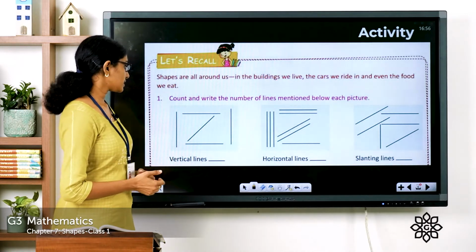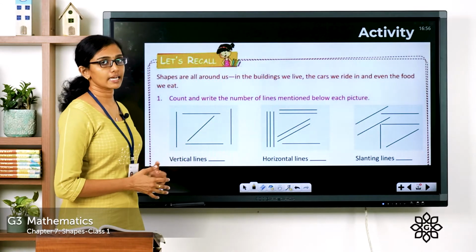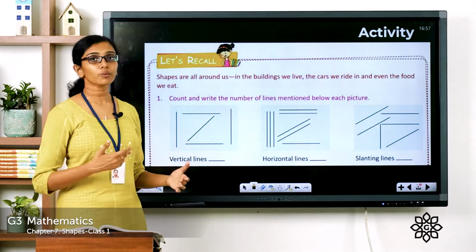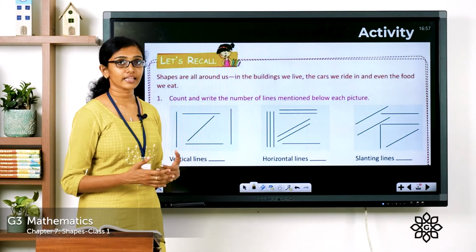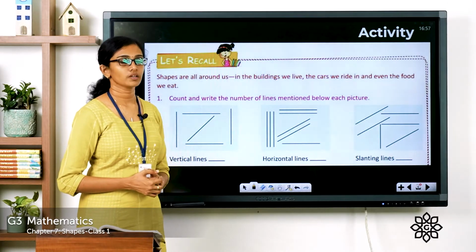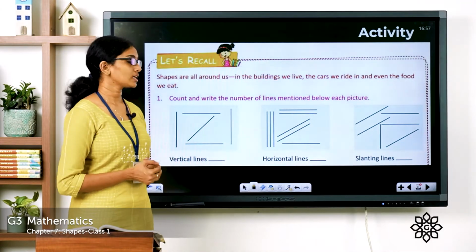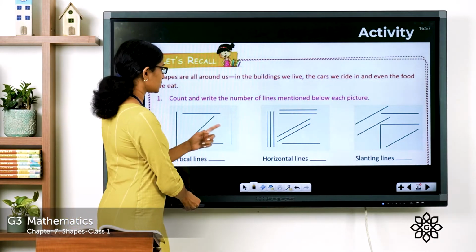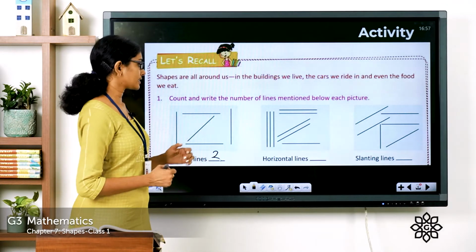In the first case, you have to count the number of vertical lines in this picture. And what are vertical lines? Vertical lines are those straight lines that go up and down. So how many lines here are vertical lines? There are 1, 2. Two vertical lines are there in this case.